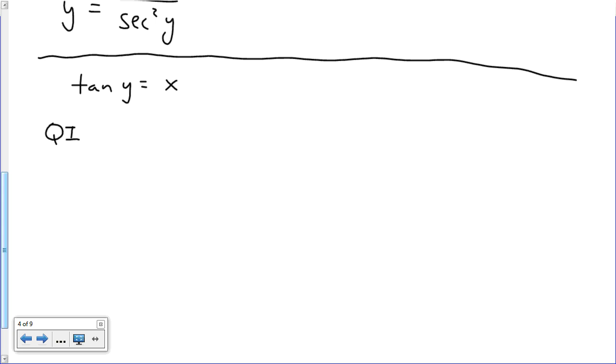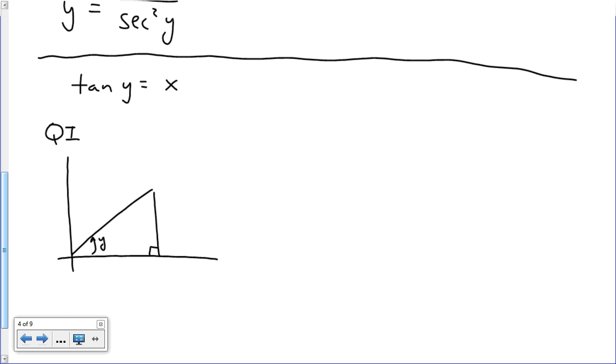In quadrant 1, I should be able to sketch a right triangle that satisfies the tangent of y is equal to x. So my angle here is y, and the tangent of y has to be equal to x. So I need a triangle that has the opposite and adjacent sides giving me a ratio of x.